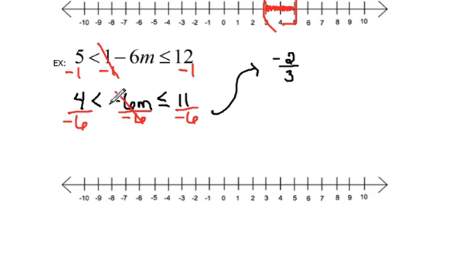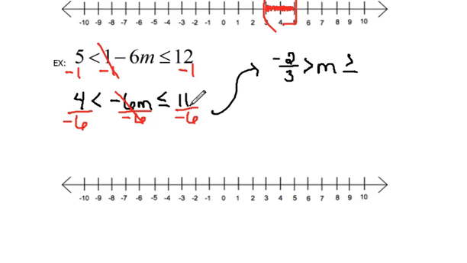Now, what do we do with our symbol though? Remember, if we multiply or divide by a negative, we have to flip our symbol over. So that becomes a greater than. In the center, we have m, and then again, we're flipping that symbol over, greater than or equal to.